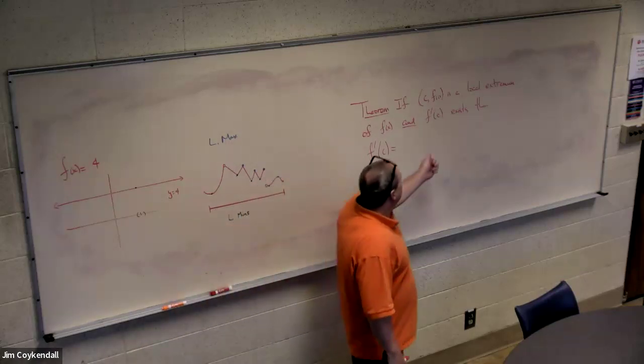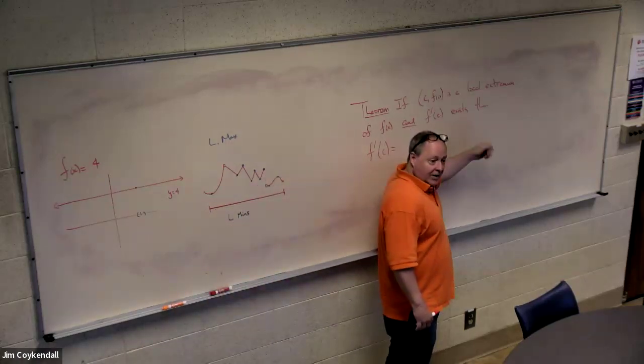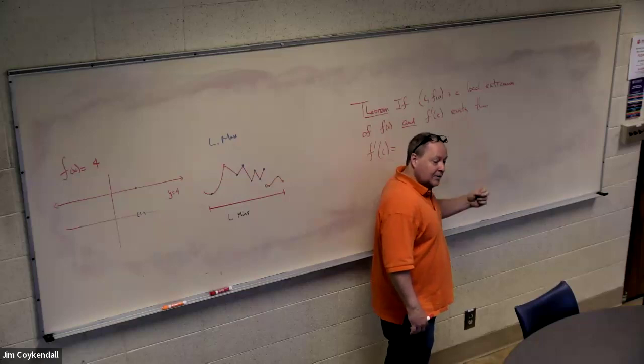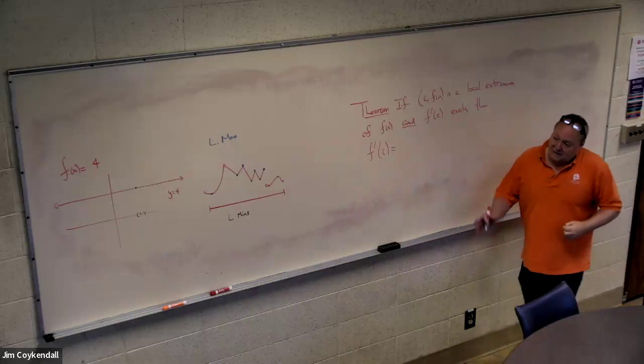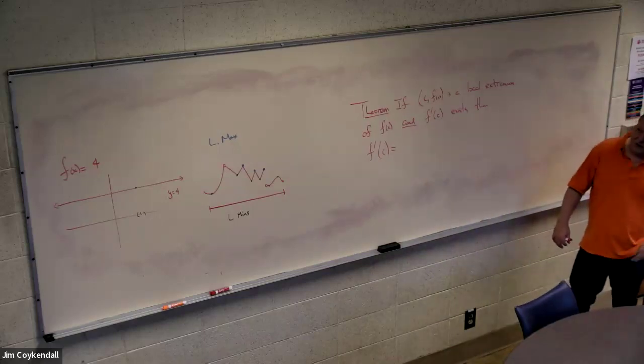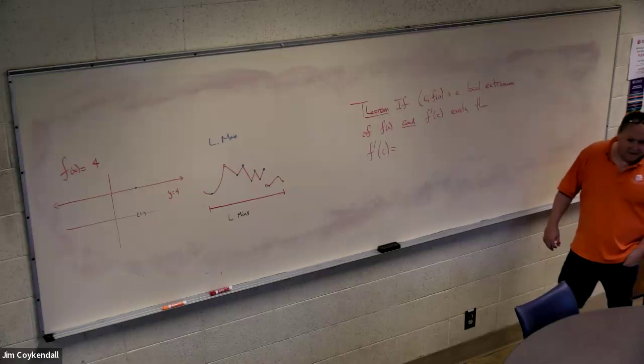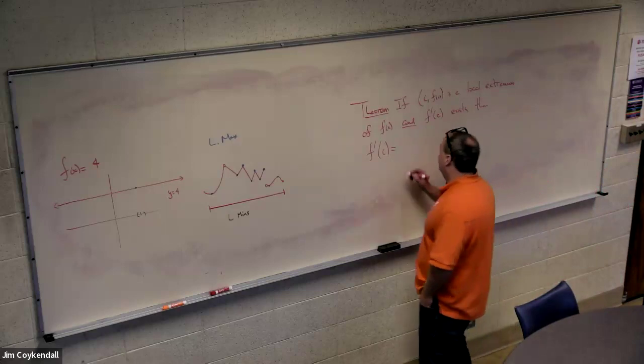Well, see, if it exists, then f prime of c must be zero, right? But the slope of the tangent is undefined at those 2 black points and the 1 blue point where the derivative doesn't exist. Correct.